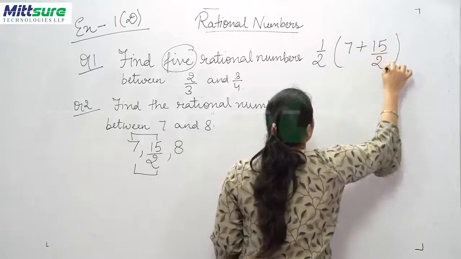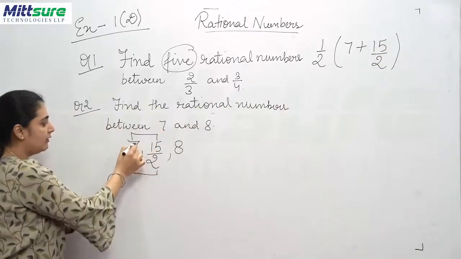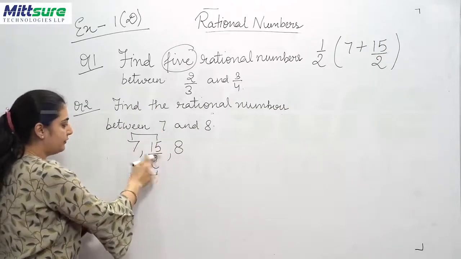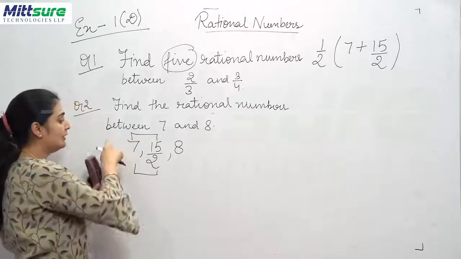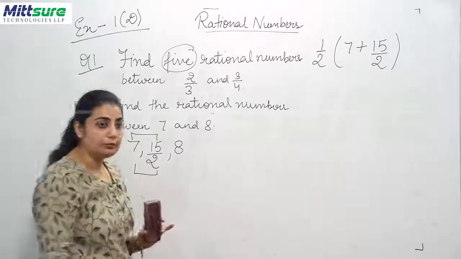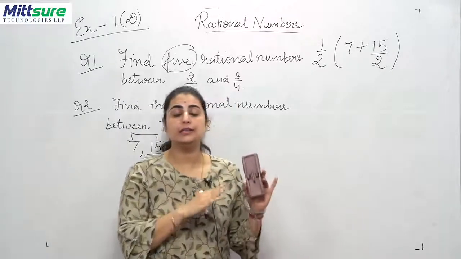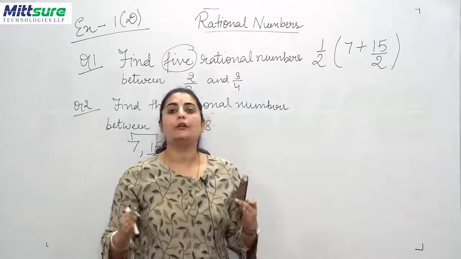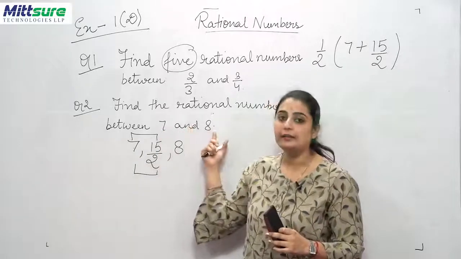So this is the condition which I am taking again. Now I have taken 7 and the midline number between 7 and 8, that is 15 upon 2, to find the midline number between 7 and 15 upon 2. So using these series of calculations, you can reach n number of rational numbers between 7 and 8.